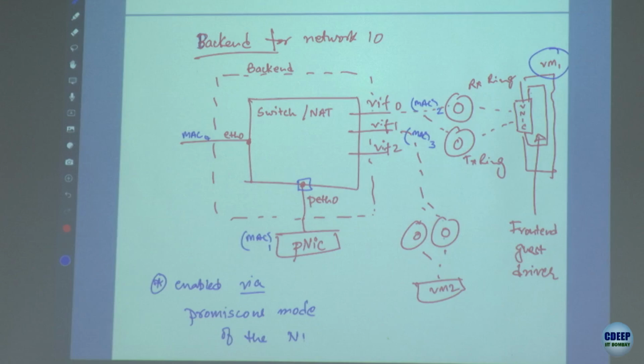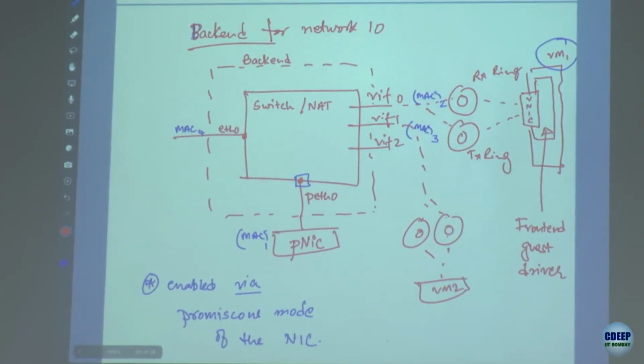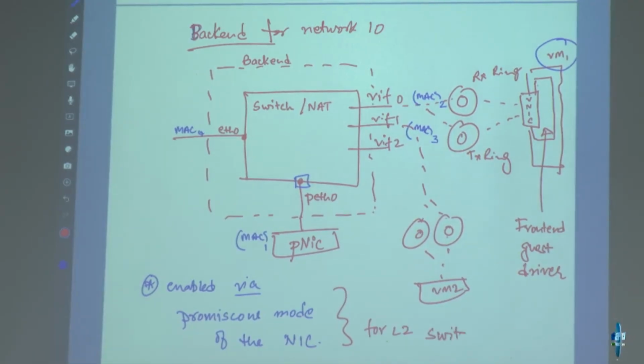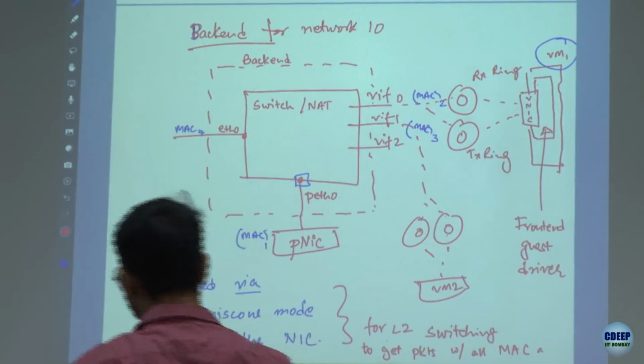So this is really enabled only via the promiscuous mode of the network interface, for layer 2 switching, to get packets with all MAC addresses.